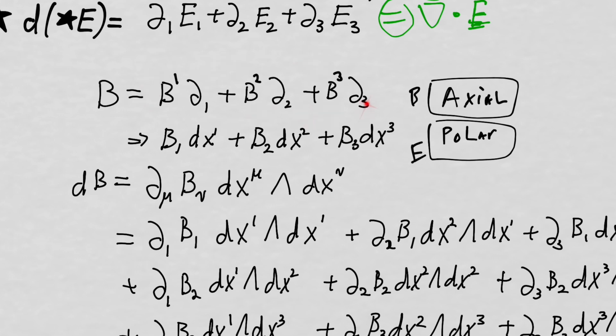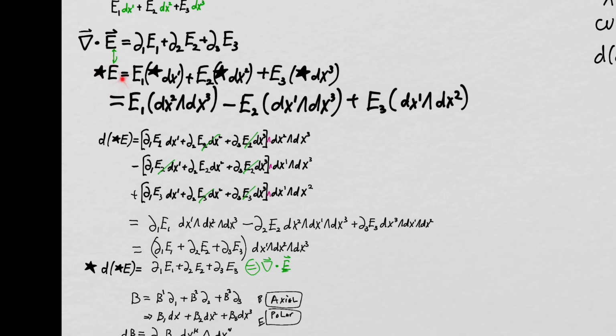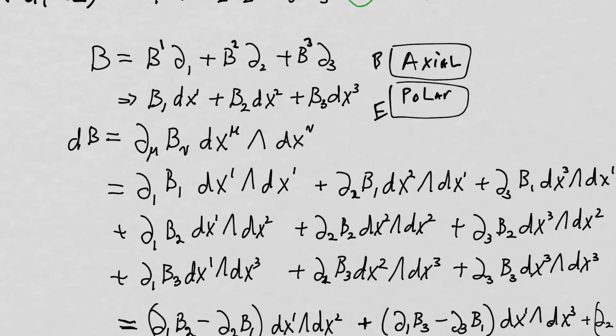Right now we're just going to treat it as a vector field, and we're immediately going to look at it in its one-form version. And then remember what we did up here in this example, the first thing we did is we took the Hodge dual right away. Now, instead of doing that, let's take the exterior derivative right away. And the exterior derivative of a one-form is very easy to calculate. This is the formula for it, basically.